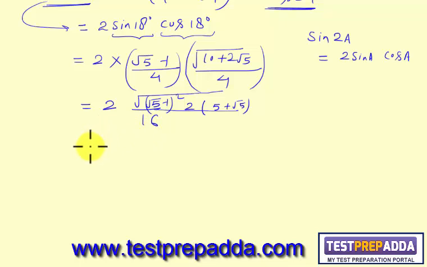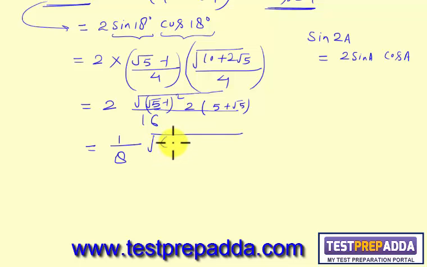So finally it can be written as 1 upon 8, 1 by 8. And inside the bracket, inside the root, what will be the result?